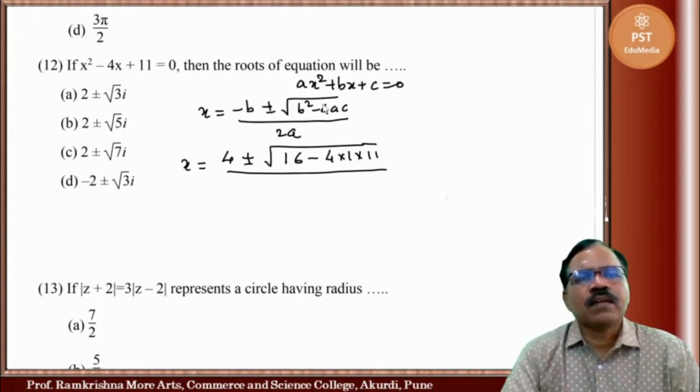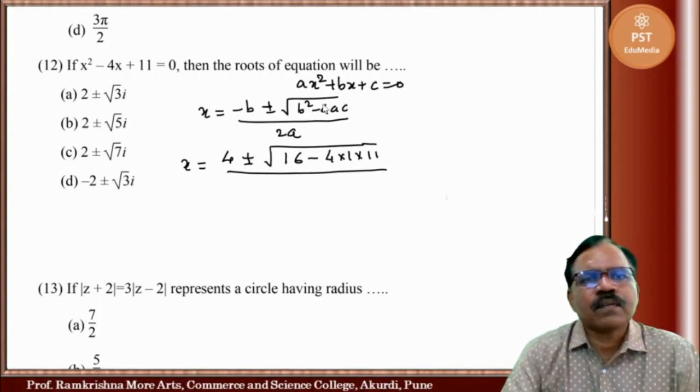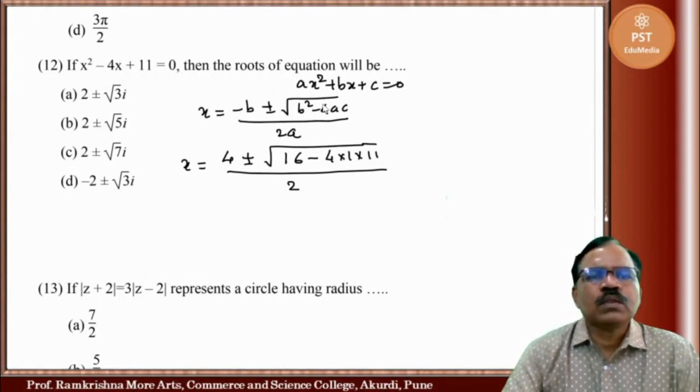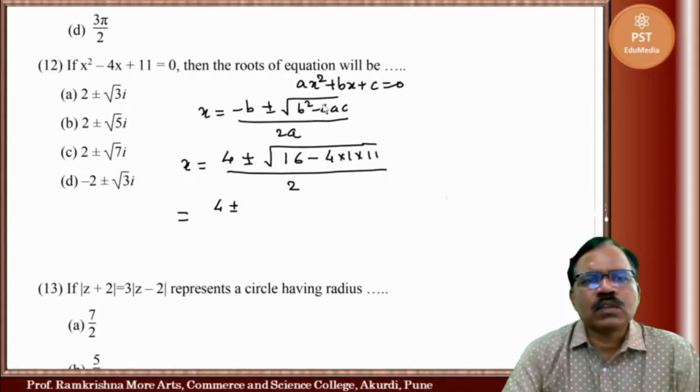Divided by 2a. 2a means 2. So we get here 4 plus or minus root of 16 minus 44.